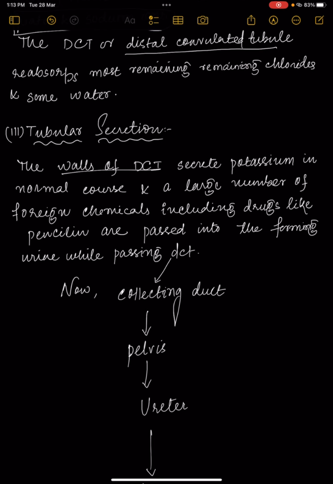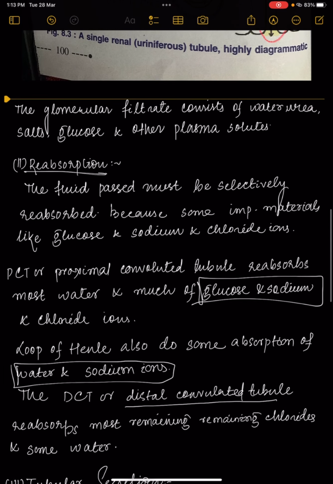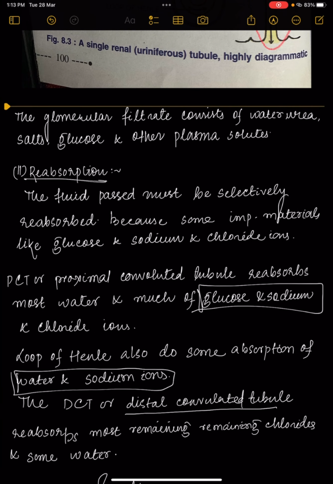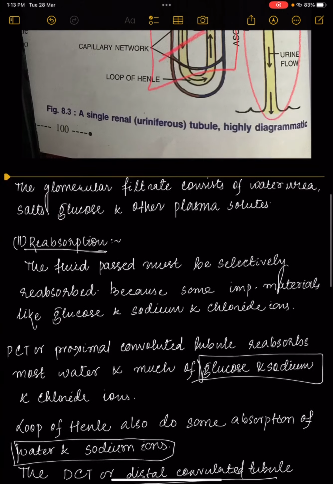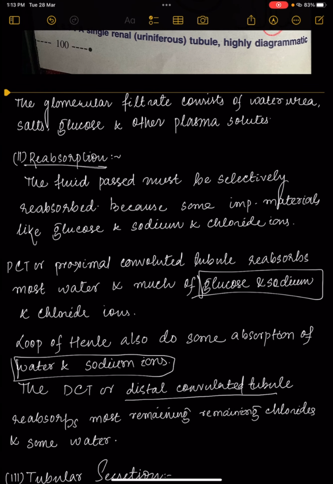So three processes we have learned in this video: first ultrafiltration, then selective reabsorption, and tubular secretion. In ultrafiltration, the liquid part is taken out under pressure, and the filtrate which is left we call glomerular filtrate. This diagram is quite important. Then reabsorption is done.